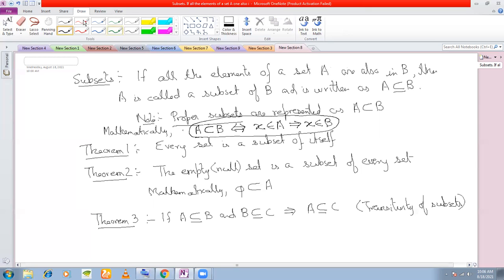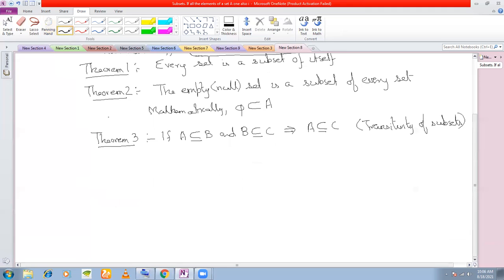Now I can show you a very small proof with the help of this. This is just for demonstration; such a proof will not come in exams.